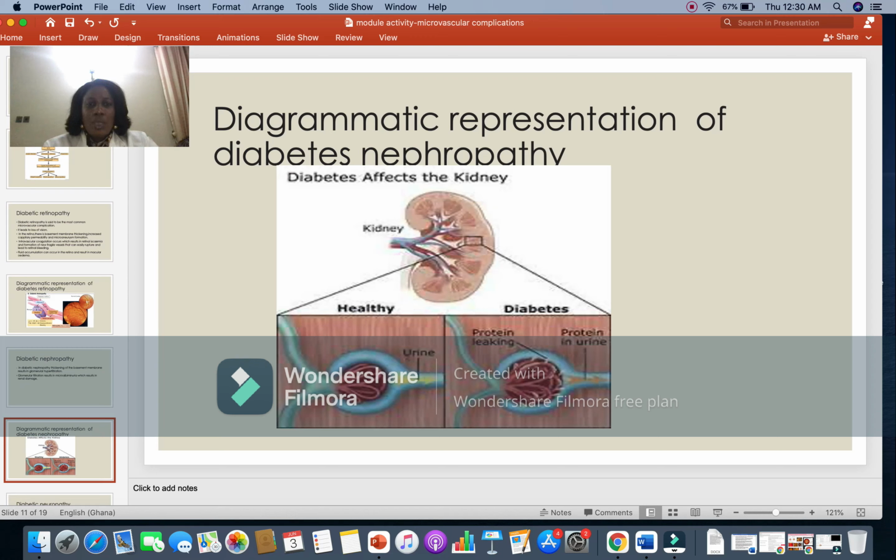This is shown in the diagram below: a healthy kidney and a diseased kidney with a thickened basement membrane and leakage of proteins and microalbumin, as we see in diabetic nephropathy.